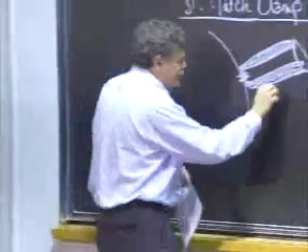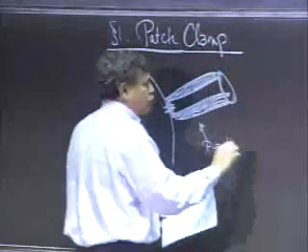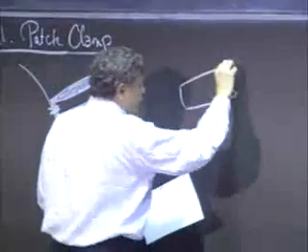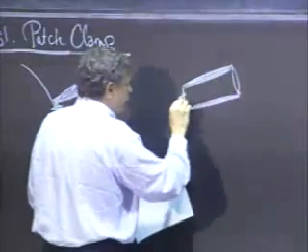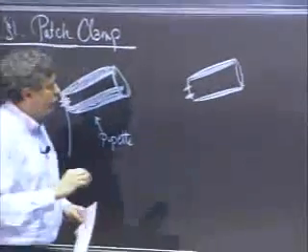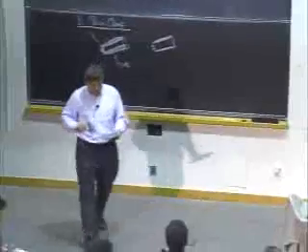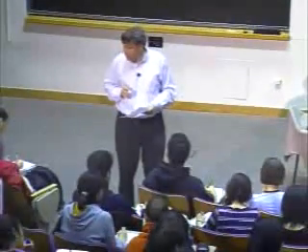And now, so this is a pipette. Suppose I were to rip off that patch of membrane from the cell, poor cell, and have a glass pipette with a little patch of membrane on its end with a single isolated ion channel.